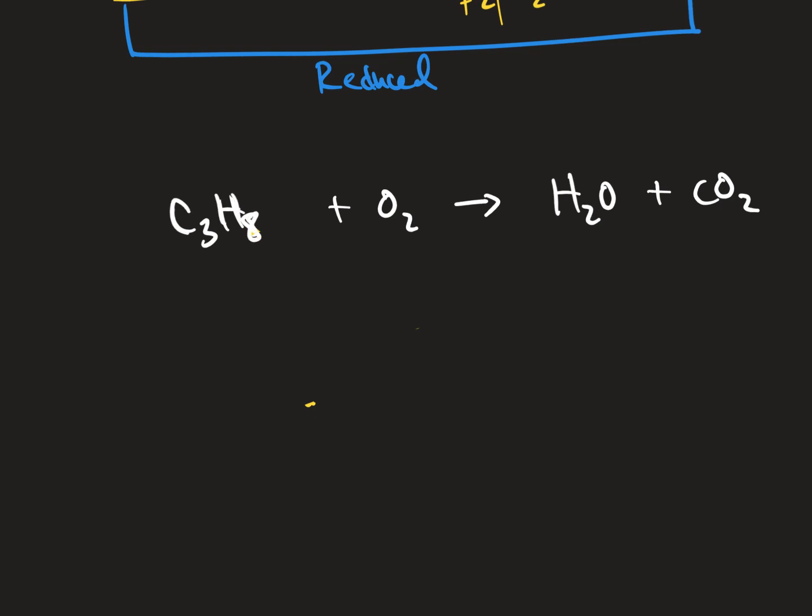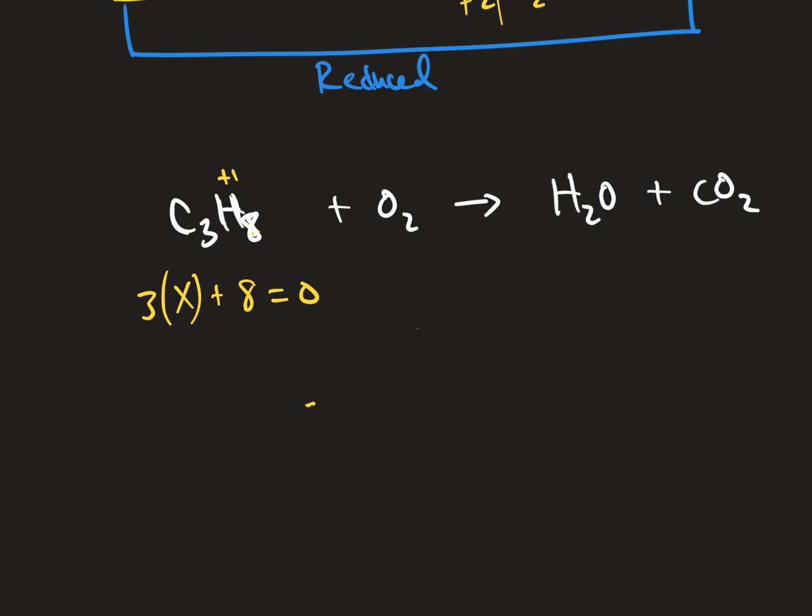Let's just say we have propane burning with oxygen, and we get water and carbon dioxide. Now, hydrogen is +1 again, right? +1 times 8 is +8, plus whatever it is for carbon, multiplied by 3. That has to equal 0.